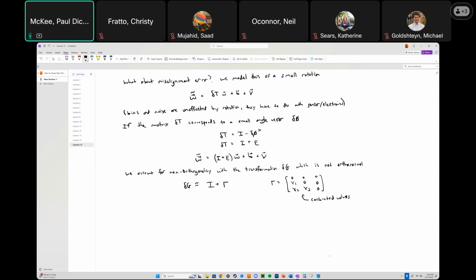Okay, and that means that now we have non-orthogonality affecting our small angle error, affecting the true value, and we have a bias, and we have noise. All right. Finally, we account for scale factor error.